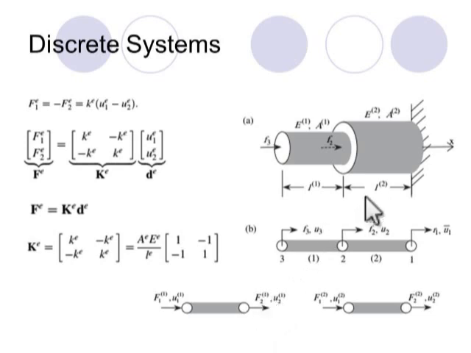So let's do it like this. This is node 2 in the global system. And this is node 3 in the global system, but actually this is node 1 for the element.